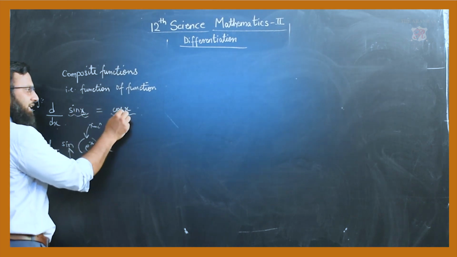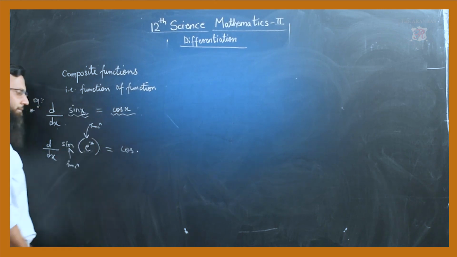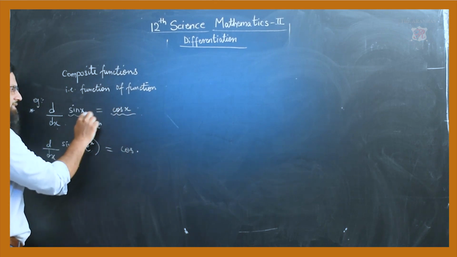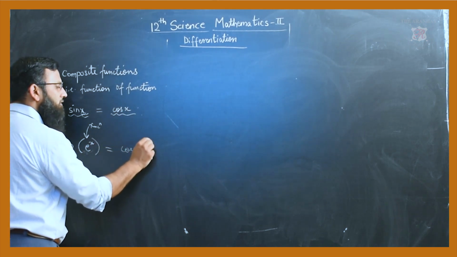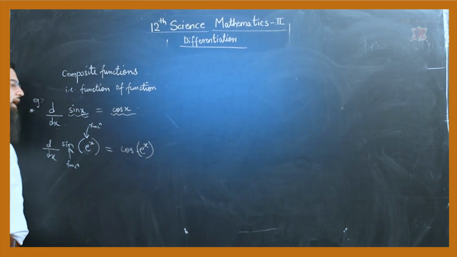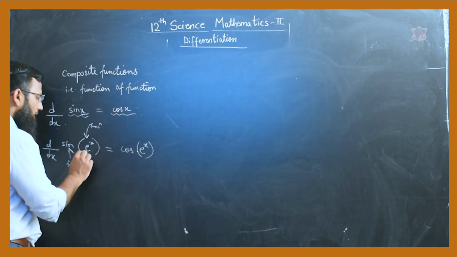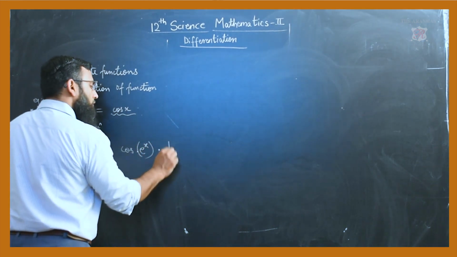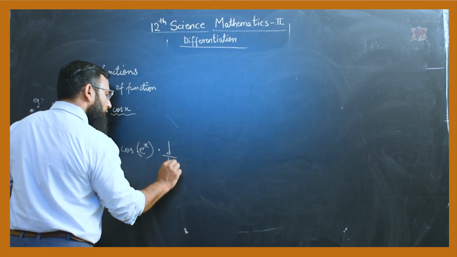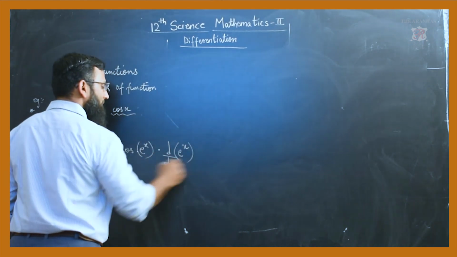Like sine has derivative cos, here also I will write cos. Instead of x, I have e raised to x, so I will write that also. And after that, the additional part which is interesting is whichever additional function is there, you have to take derivative of it again with respect to x. This is the final answer.